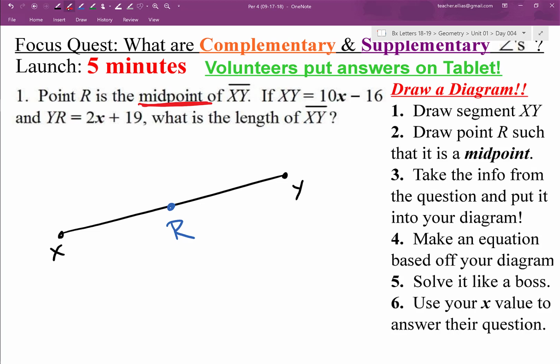All right, I think we're focusing more. Let's hear what Lourdes had to say. What'd you say? I said that you can add 10x minus 16 because that makes up XY. Awesome.